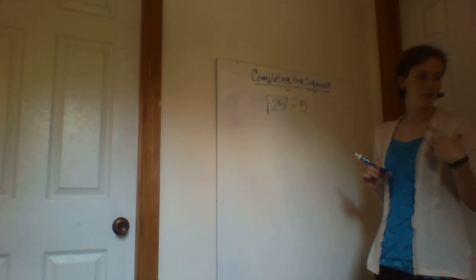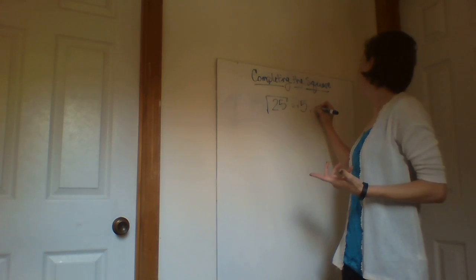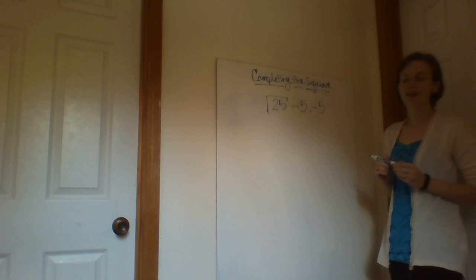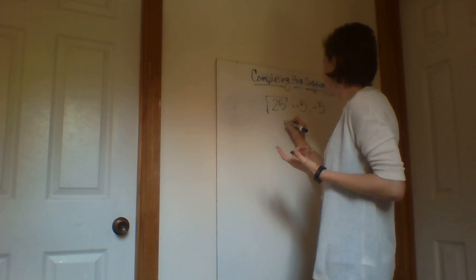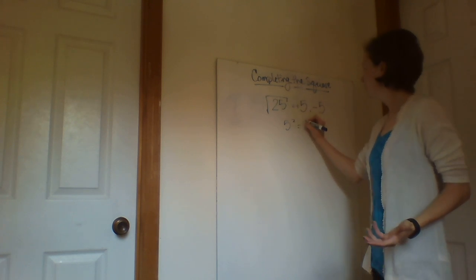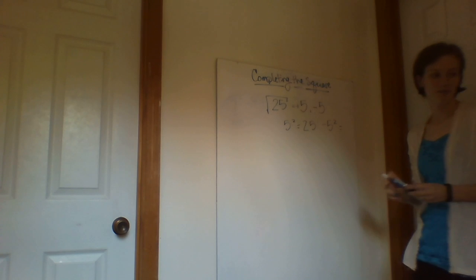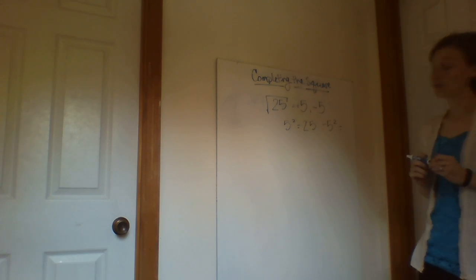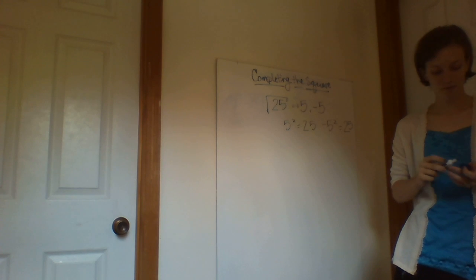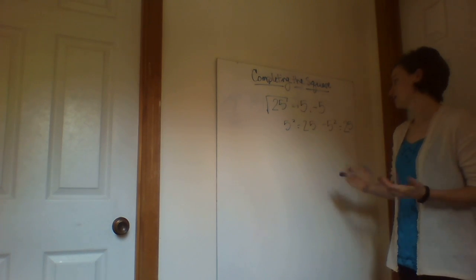We have positive 5, but we also have the answer of negative 5. And we know that because 5 squared equals 25. And what does negative 5 squared equal? Nope, it equals positive 25. And so that's why we need to have both the addition and the subtraction on that.